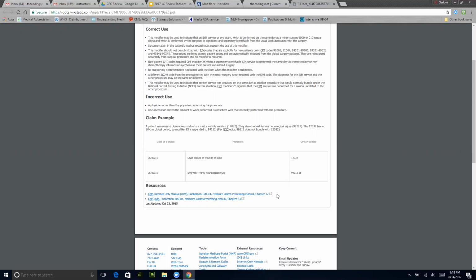So it's a repair, and this is a whole other Webex, but you can sum the lengths of repairs for each group of anatomic sites. So you really do have to pay attention to your wording for each of your code descriptions, but that's another whole Webex. So anyways, layer closure of wounds of scalp, 12032.